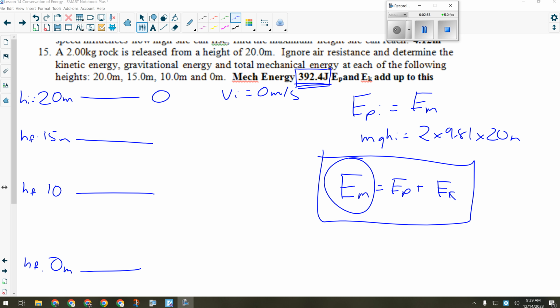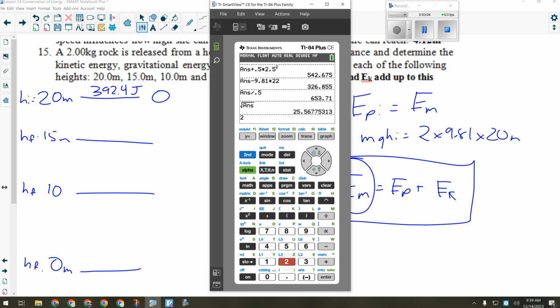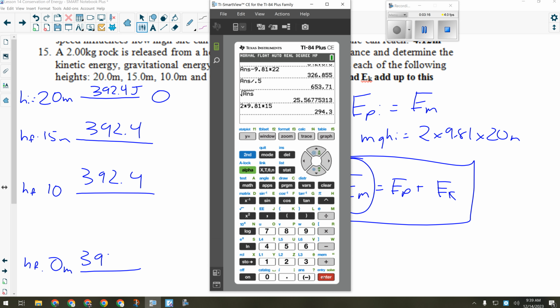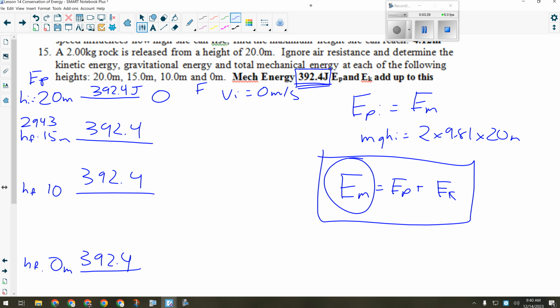So my potential here is 392.4 joules. I'm going to calculate my potential at 15, so that'll be 2 times 9.81 times 15, and I get 294.3. The total here is 392.4, and over here I'm going to put my kinetic.